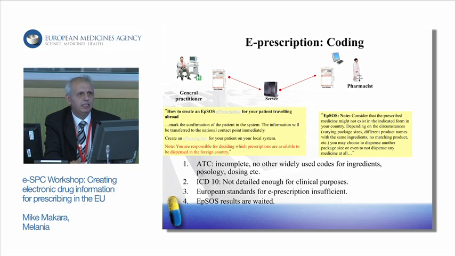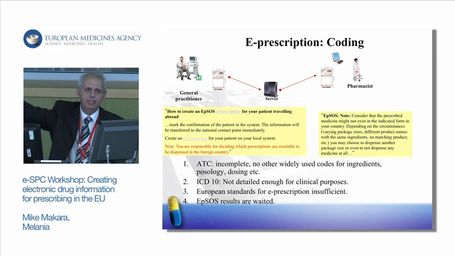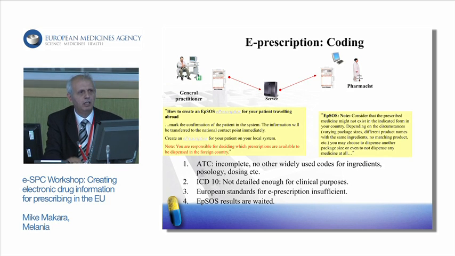European standards for e-prescription are insufficient, and there is an e-SPC project going on, and I copied these two sentences from the e-SPC website. Please think about it. When the doctor writes an e-prescription, it goes to national level, it goes to another country, and it goes to the pharmacy where the patient presents himself. The doctor is responsible for prescribing a medicine which exists out there in Portugal.